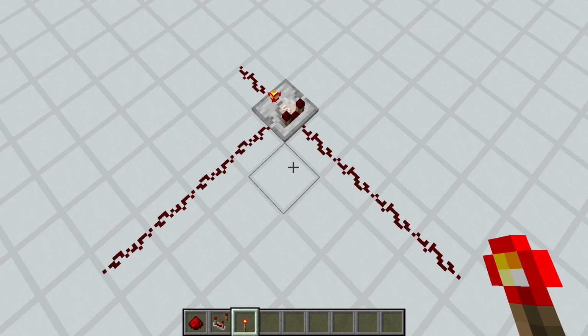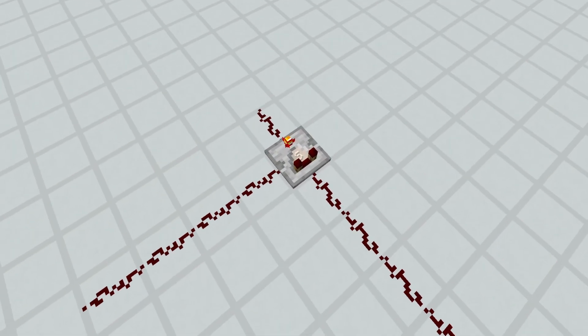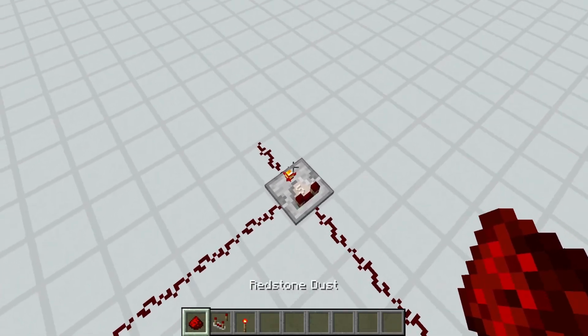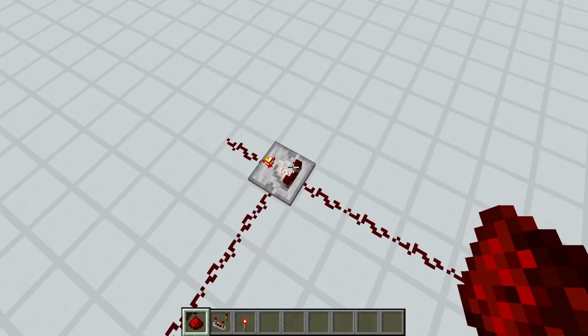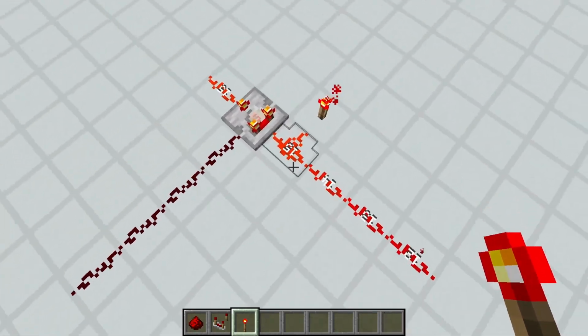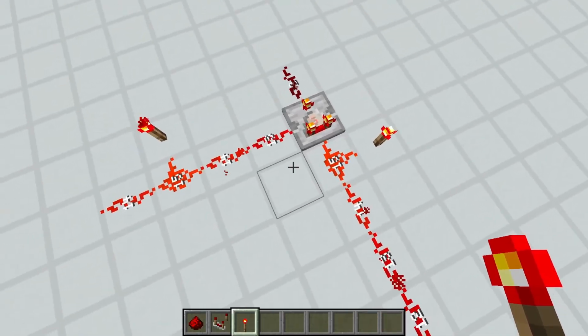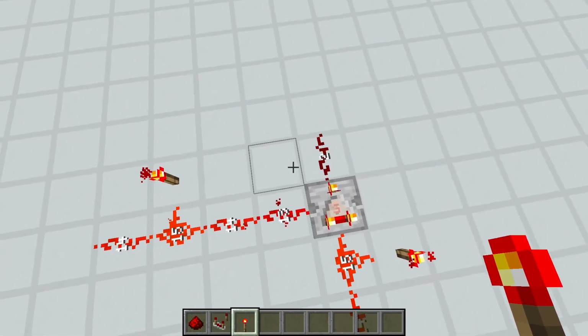So this machine doesn't use any normal binary logic. Instead it uses comparators. Comparators have a very fun feature that when you right click on them, it will change to subtraction mode, and in this mode it will take the input from behind and take the input from the side, minus it. So here we have 15 minus 13 is 2.